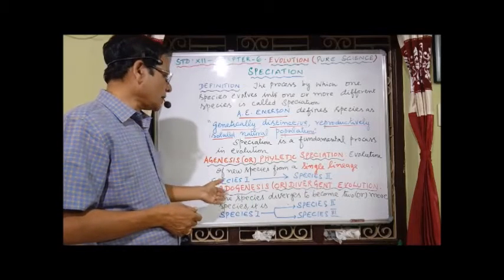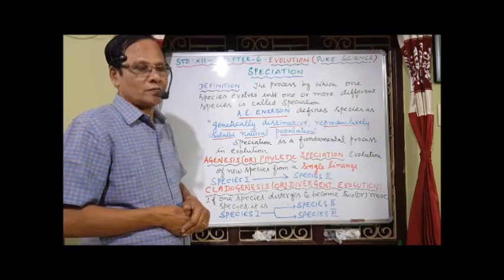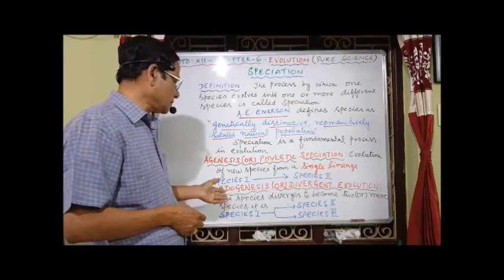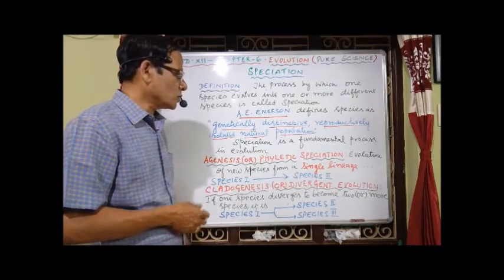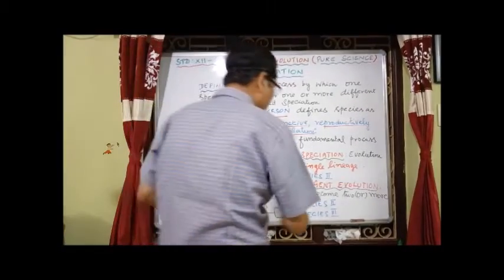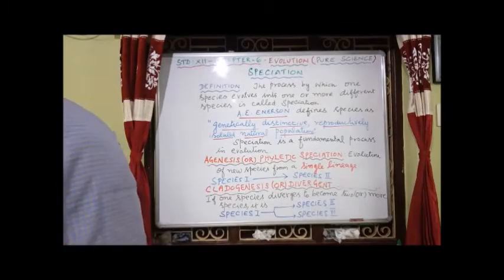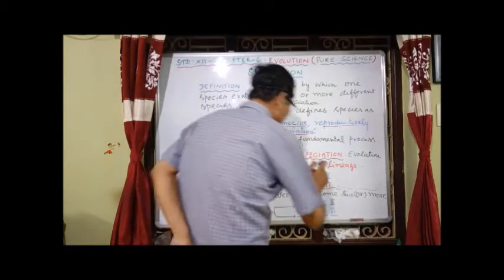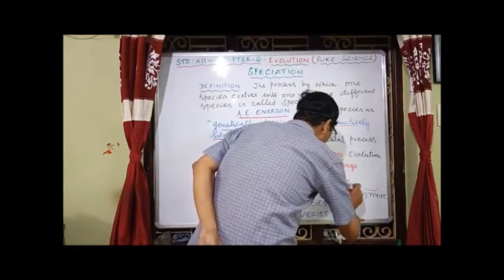Now the next one, cladogenesis or divergent speciation. We have speciation only.